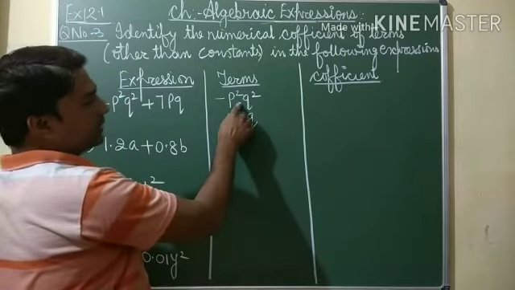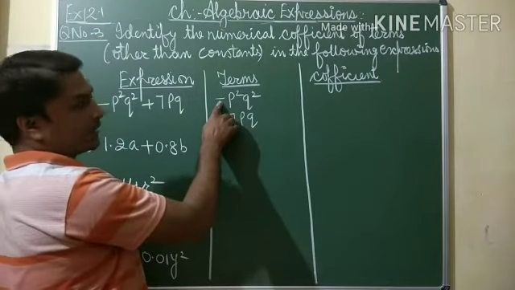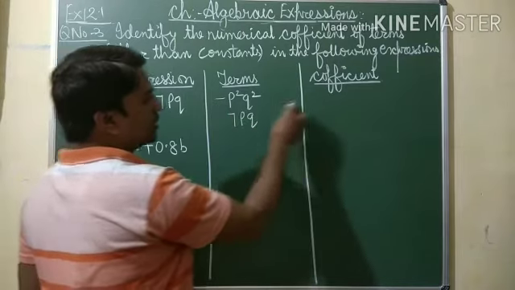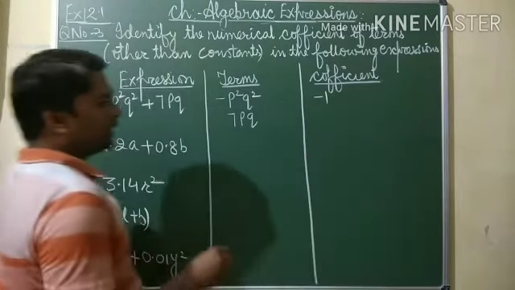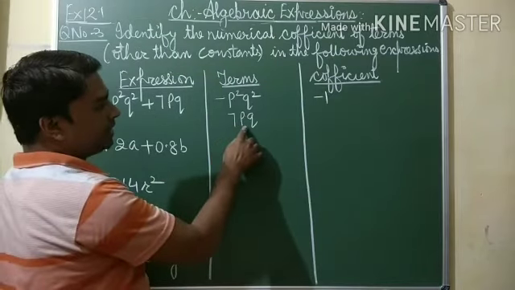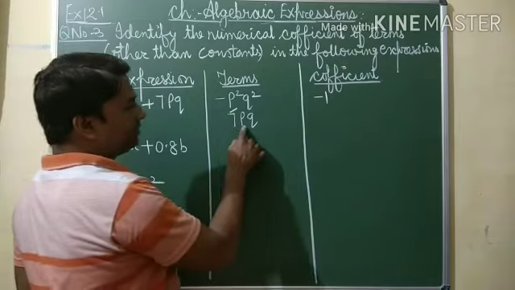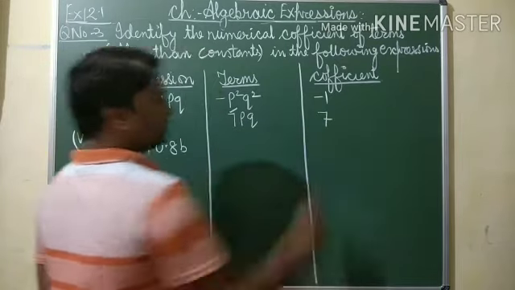Since this term has numerical factor minus 1, therefore coefficient of term minus p square q square is minus 1 and the numerical factor of 7pq is 7. Therefore, coefficient of term 7pq is 7.